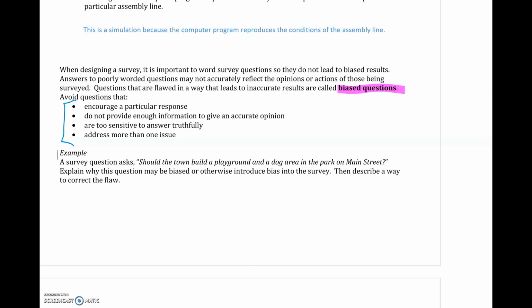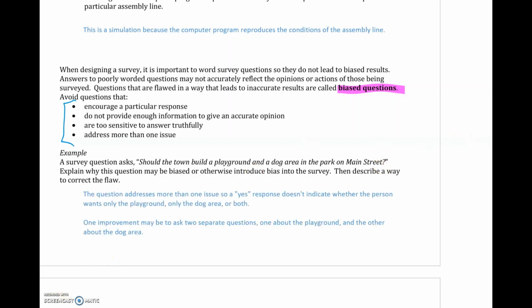Are they too sensitive? Well, these aren't really sensitive situations. It's not asking people about personal information or sensitive topics. But if you look at that last bullet point, address more than one issue, it's totally addressing more than one issue, because a playground and a dog area are two different things. So to correct it, we might just separate that into two different questions. One separately about should they build a playground, and a second question about should we have a new dog area.